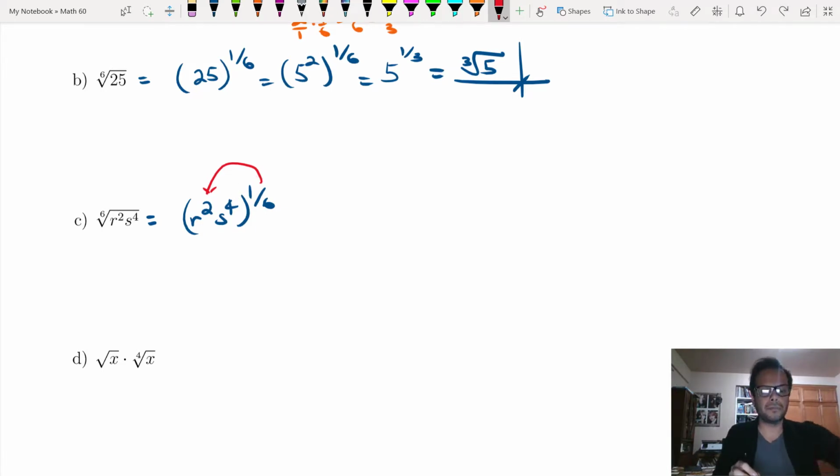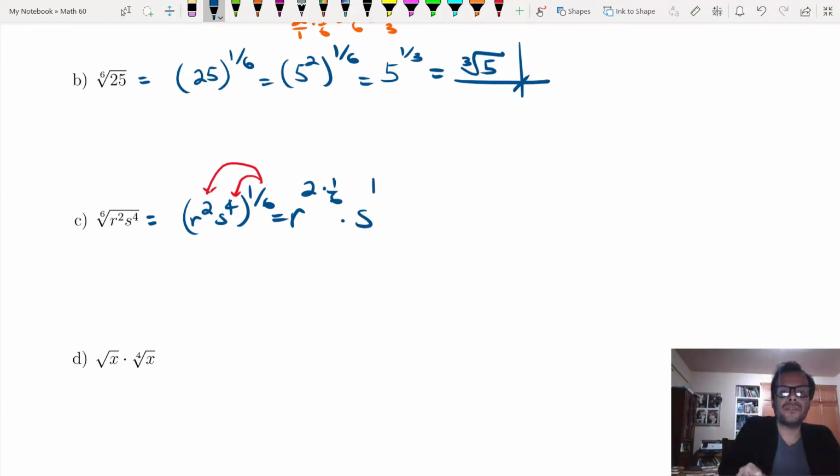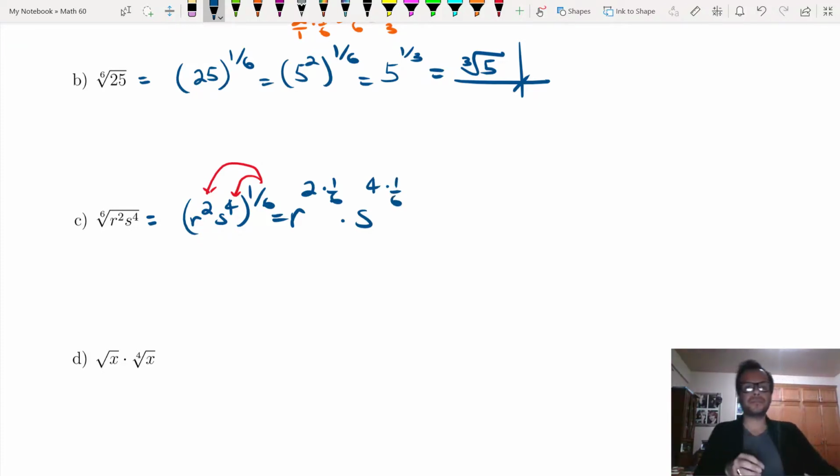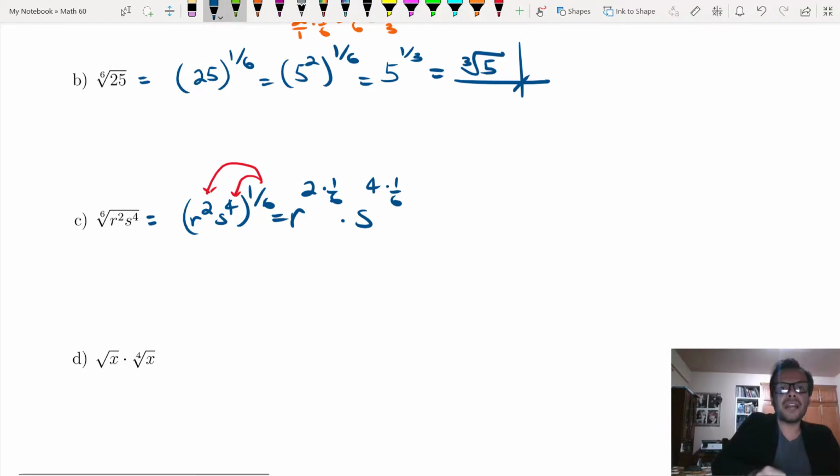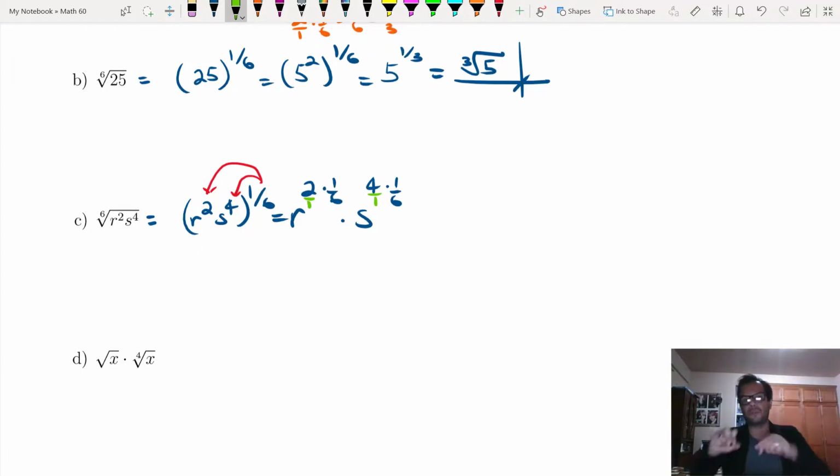So let's see. We're going to have r to the 2 times 1/6 times s to the 4th times 1/6, right? Okay, so in this case, we have the product 2 over 1, and 4 over 1. Okay, so let's keep going with this.